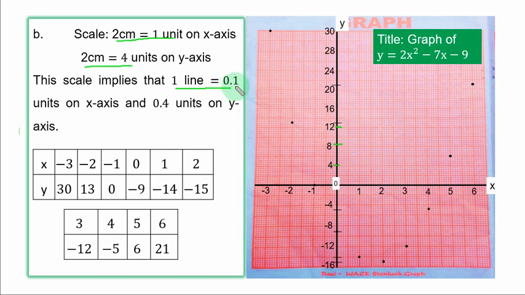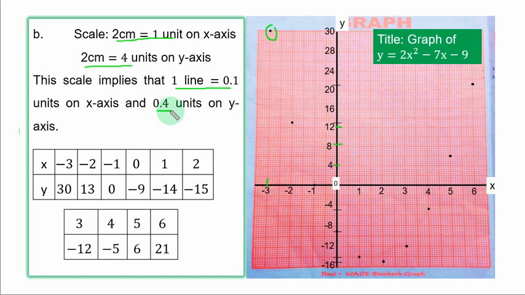The first point, when s is minus 3, y is 30, you plot it at this point. When s is minus 2, y is 13. Now you have 12 here. So if you have 12 in that place, you have to count 13. So after 12, on the y-axis, one line is 0.4.